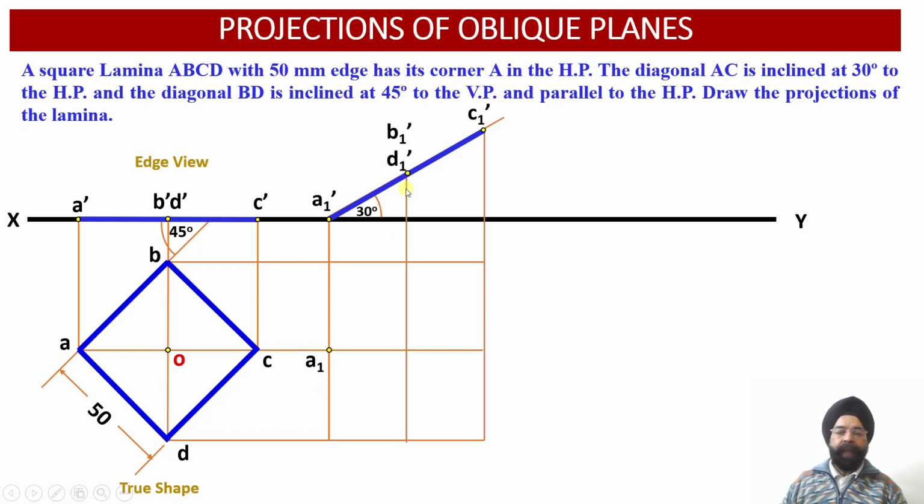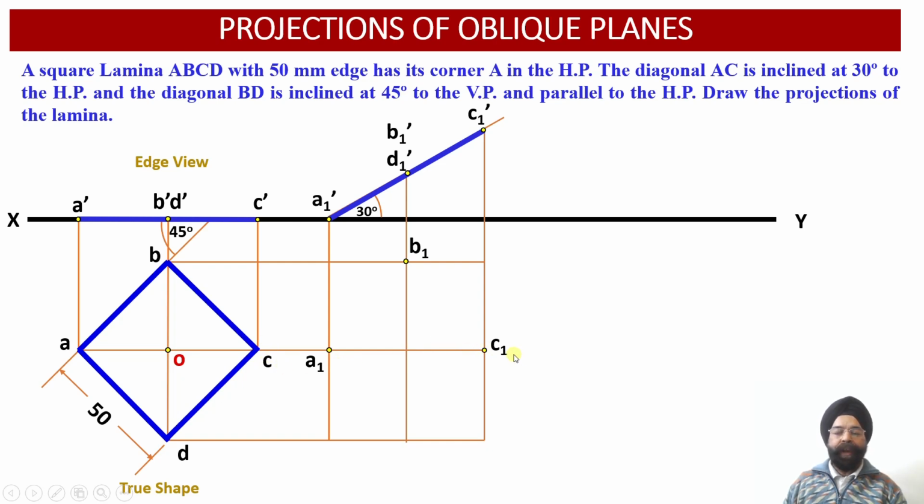Similarly, the vertical projector through the point B1 dash and point B over here are going to intersect at this position. So the location of point B1 will be obtained over here. Then point C1 dash, we can see it is going to result in this vertical projector, and this has to be drawn downwards till it intersects with the horizontal projector which has been drawn through the point C over here.